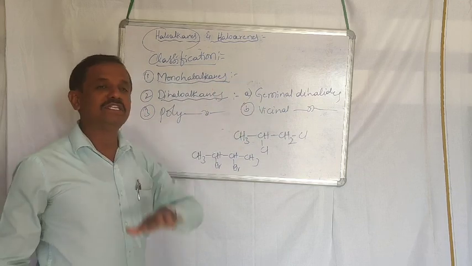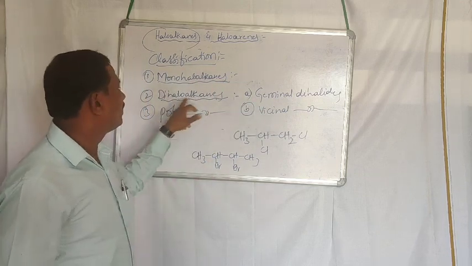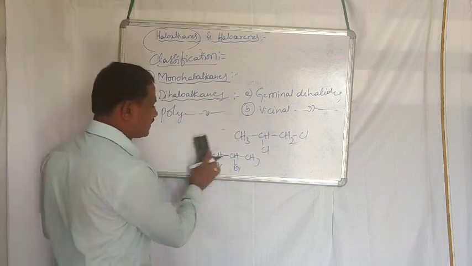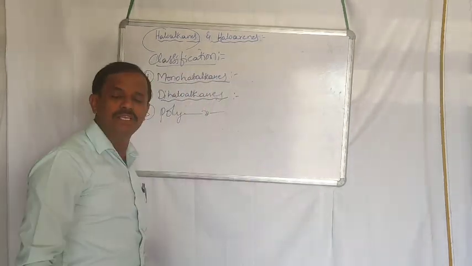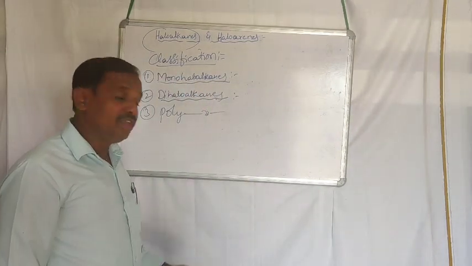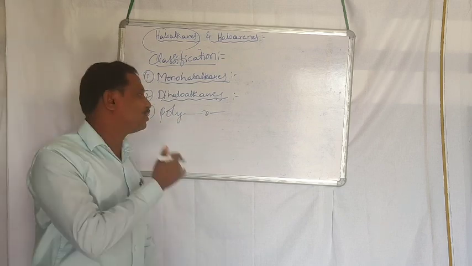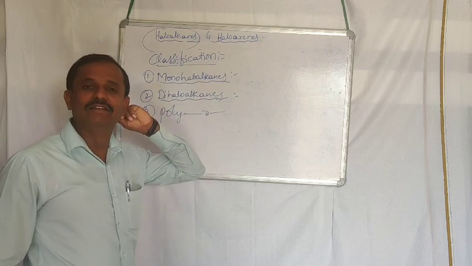Hence it is called a vicinal dihalide. These are the two classifications of dihaloalkanes with examples. Next, another classification we discuss is polyhaloalkanes. Poly means many. If the haloalkane contains 3 or more halogen atoms, it is called a polyhaloalkane.